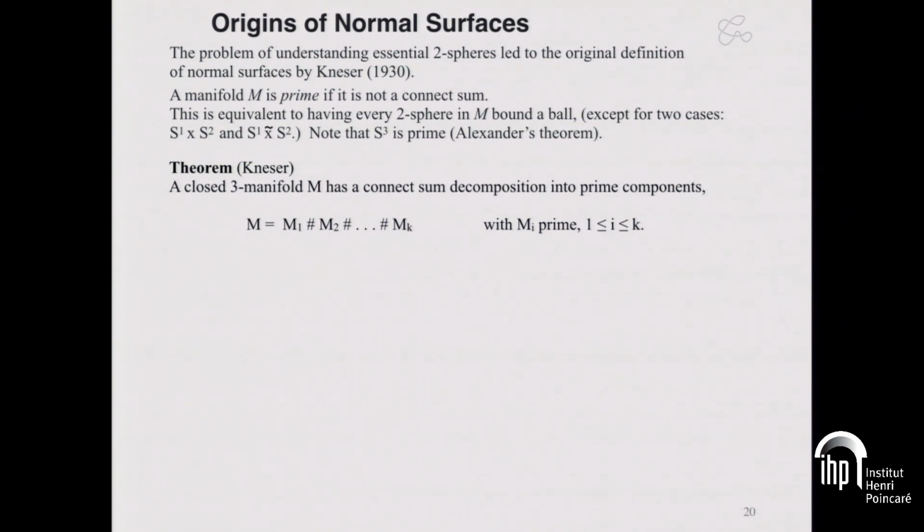All the ones that you get stuck on when you take the maximal set must be prime. Being prime is equivalent to the property that every 2-sphere bounds a ball, with 2 exceptions. Well, one orientable exception, which is S1 cross S2. But that's not an important point for us.